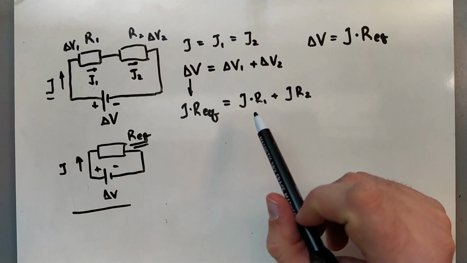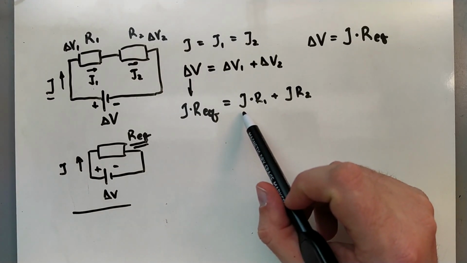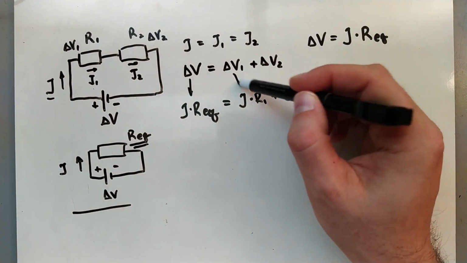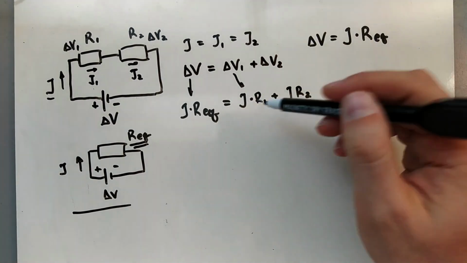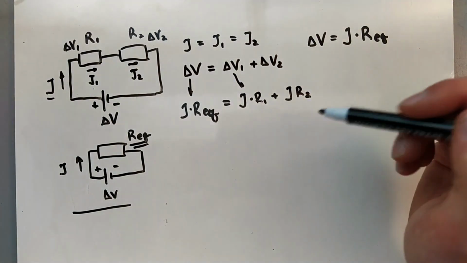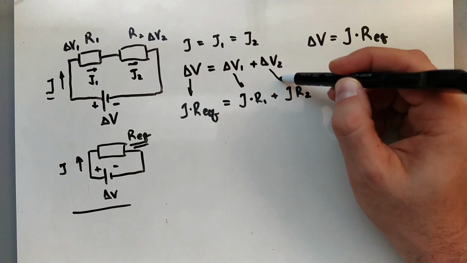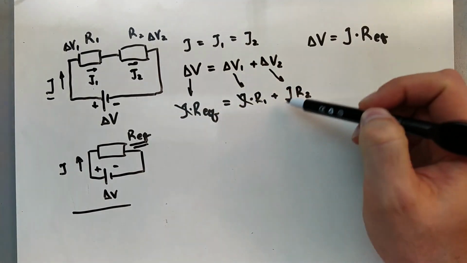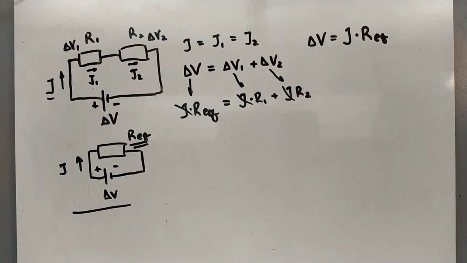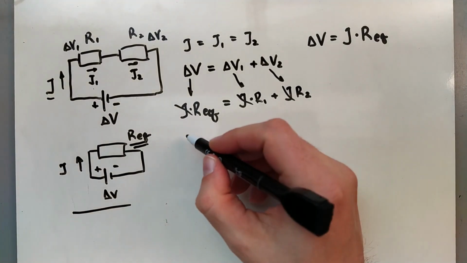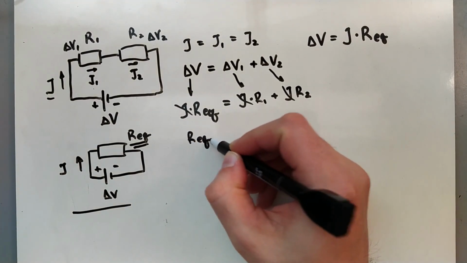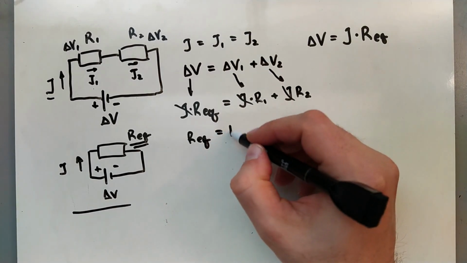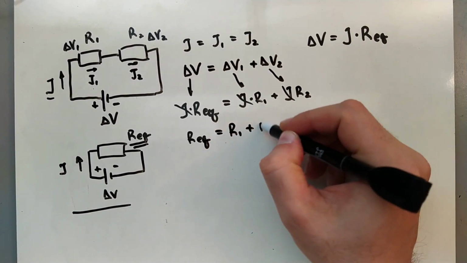So we can also express this delta V1 with the product of electric current and magnitude of resistor R1, and the same we can do for delta V2. So now we can cancel out this current, and we see that R equivalent is equal to R1 plus R2.